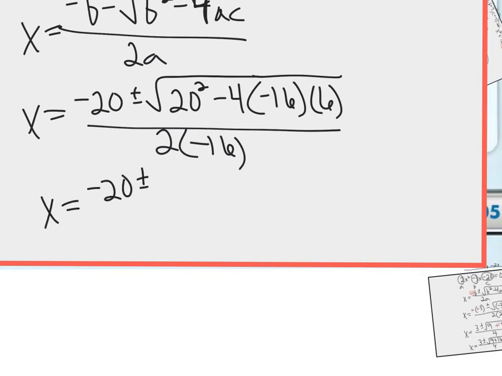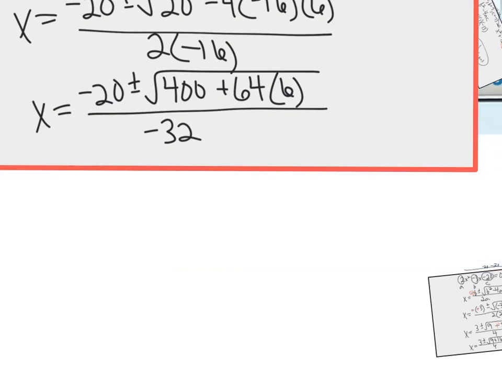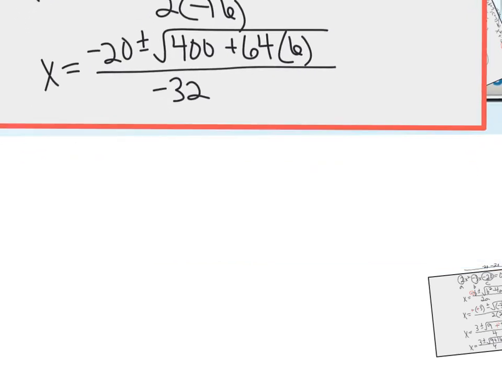So these numbers are a little bit bigger. Negative 4 times negative 16 would be a positive 64. I'll try to not work in circles this time.